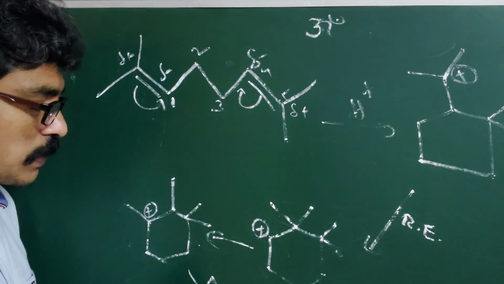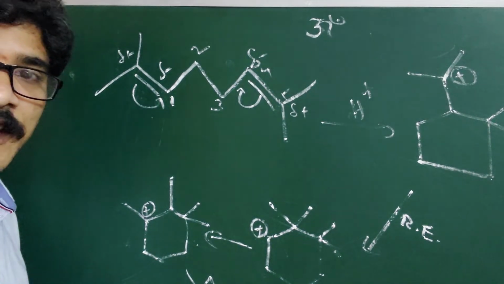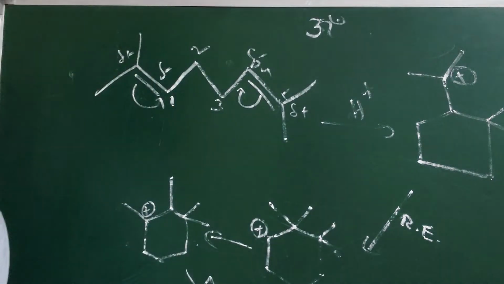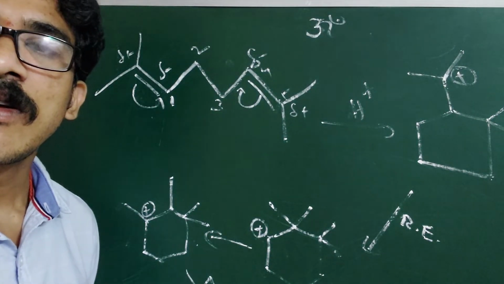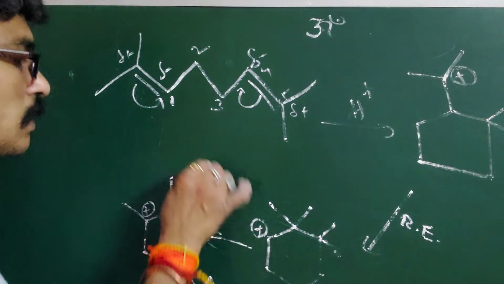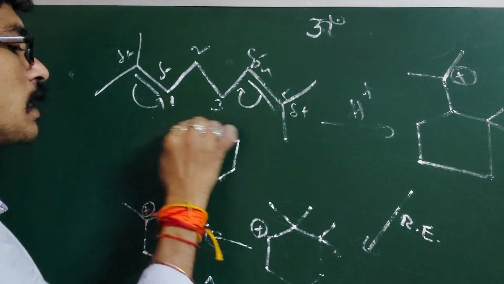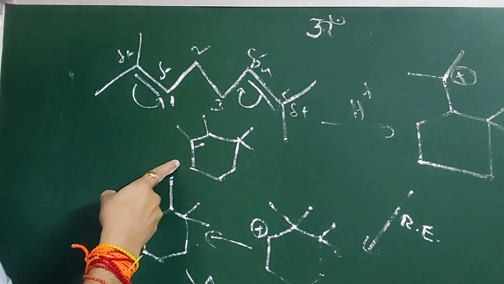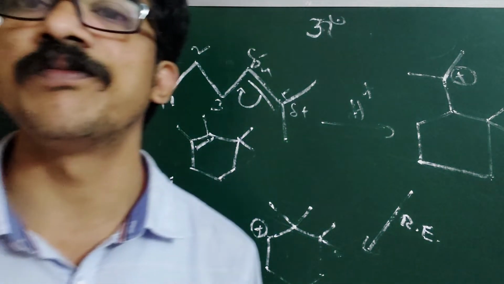Then H plus is removed and an alkene forms. In that product, how many sp2 carbons? This is the product, with a methyl and a double bond here. The number of sp2 carbons in the product is asked for the 2 products.